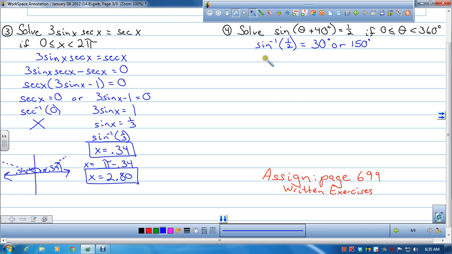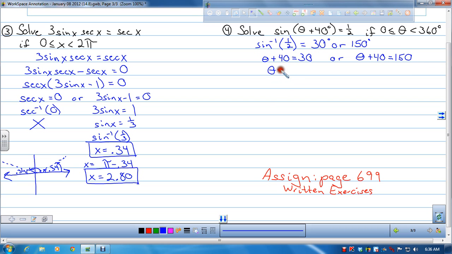Okay, I know that theta plus 40 either equals 30 or theta plus 40 equals 150. Which means that theta would either equal negative 10 degrees or theta would equal 110 degrees.